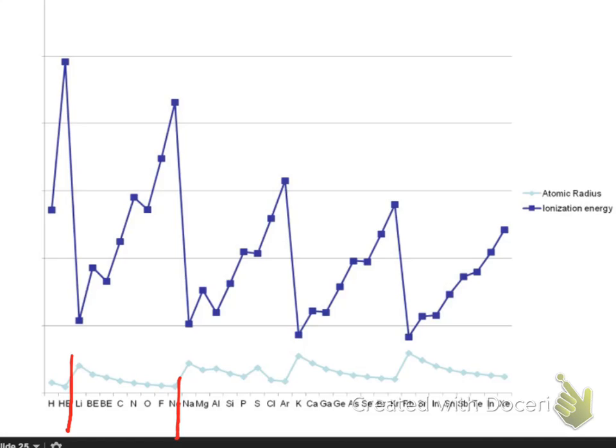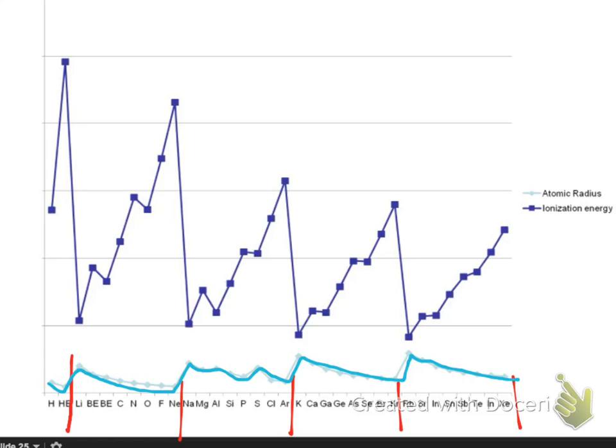There are the elements of the second period, third period, fourth period, fifth period. So, find two trends, and just to make it clear, there is a second fainter line down here. I'll do this. Okay?